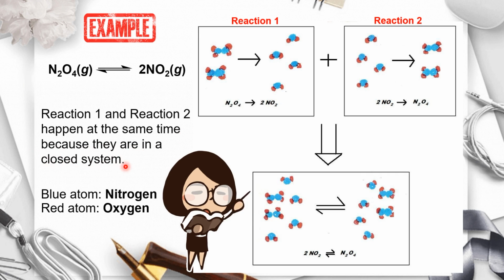Usually a reversible reaction occurs in a closed system. The forward reaction, from reactant to product, and the reverse reaction, from product to reactant, occur at the same time. So this is what we call a reversible reaction.